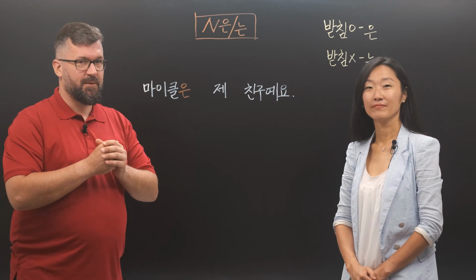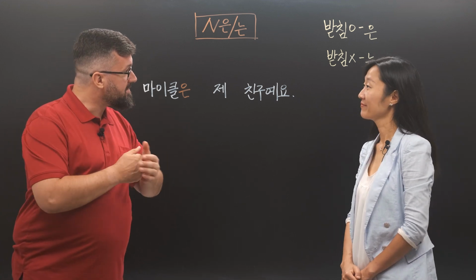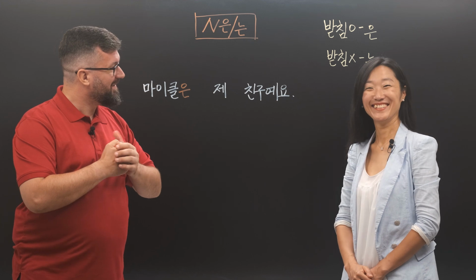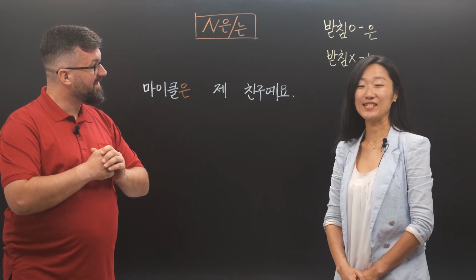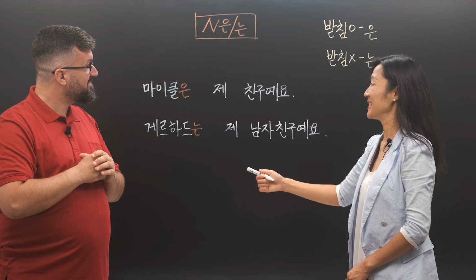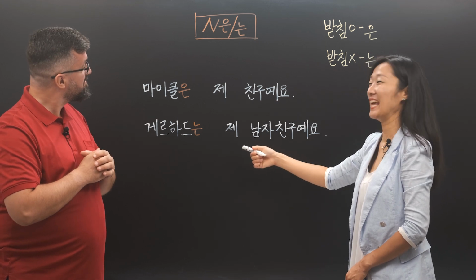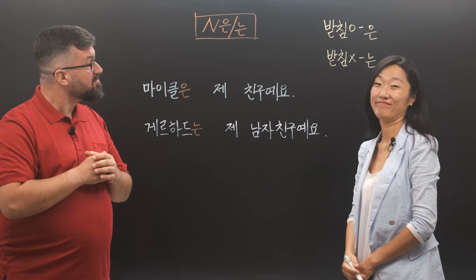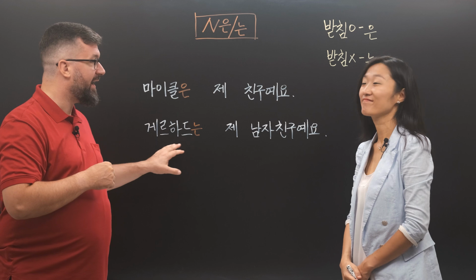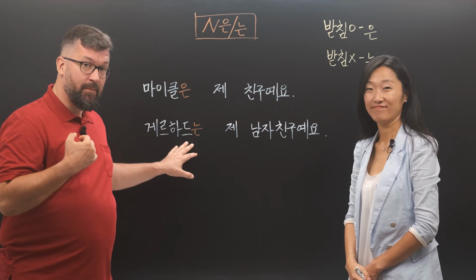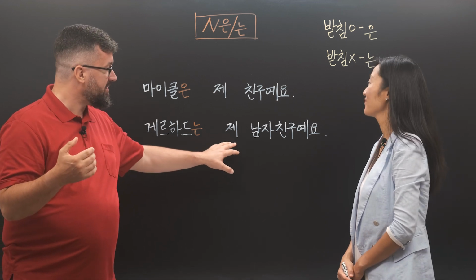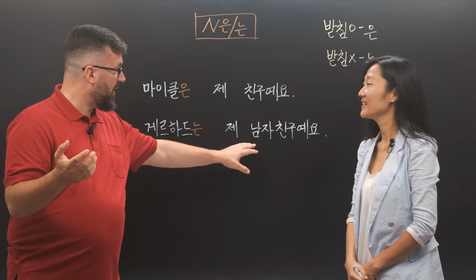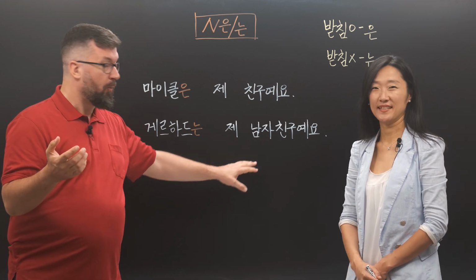Yes. Now, how about Gerhard is my boyfriend? 게르하드는 제 남자친구예요. So you can say 게르하드는 제 남자친구예요. So Gerhard는 my name with 는 because my name doesn't have a 받침. 제 my 남자친구 boyfriend.